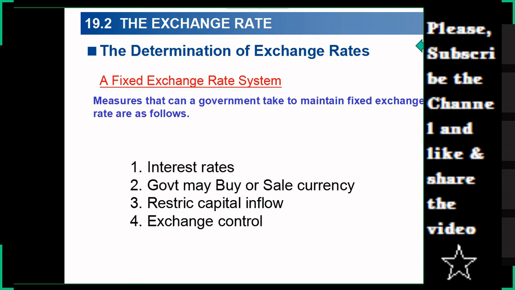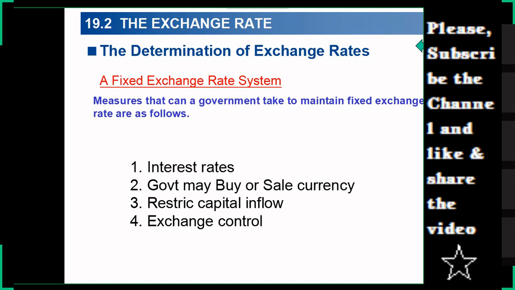Okay, so by taking that measure, the government would actually restrict foreign investors from investing 100%. That means that investor would not be allowed to bring the whole amount of foreign currency and then demand the local currency. Okay, in case of 100% investment, the demand for the local currency will increase in a drastic manner.